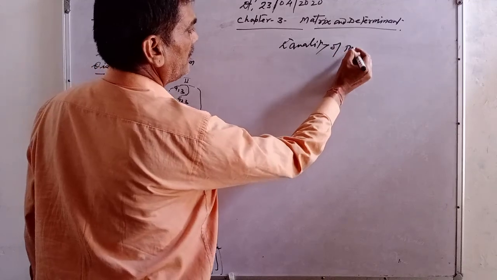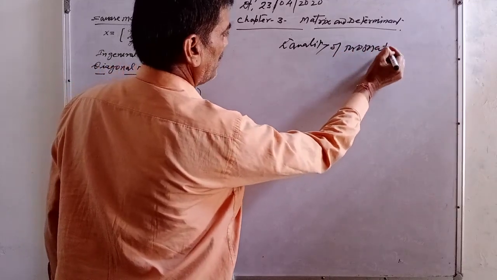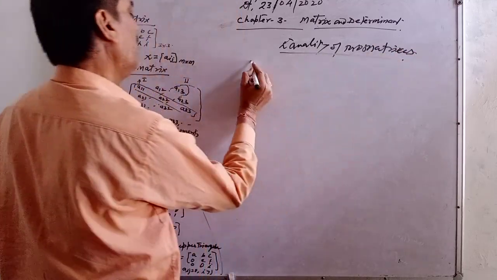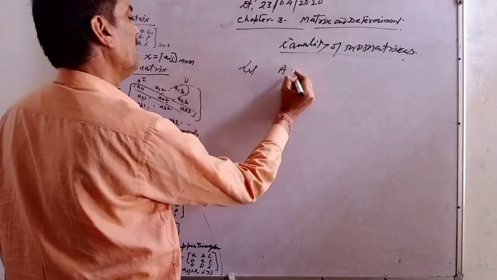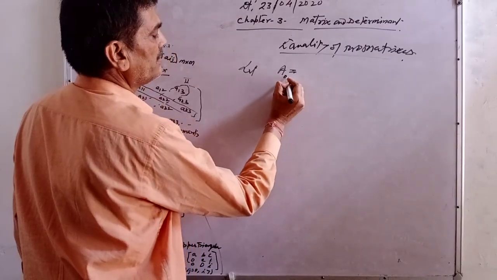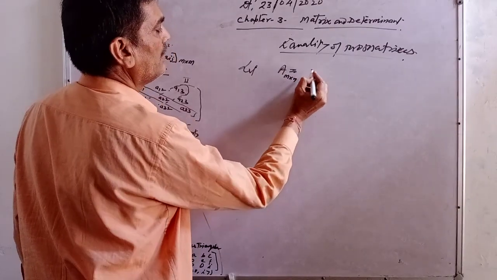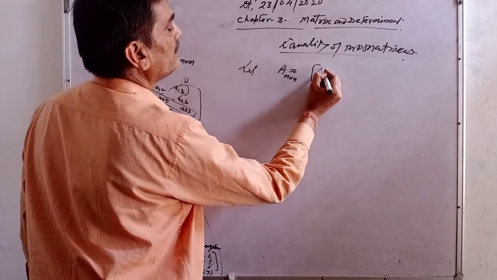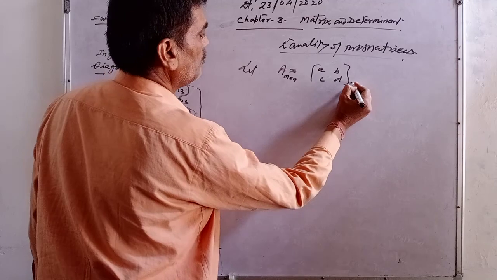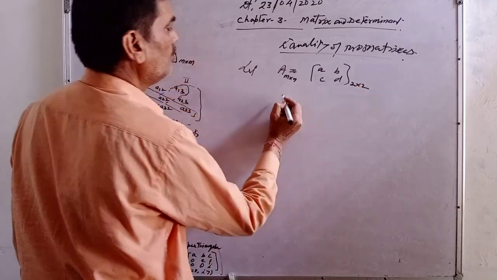Let A matrix be of order m into n, here it is a, b, c, d, so m into n is 2 into 2.